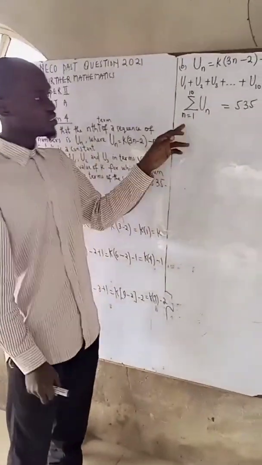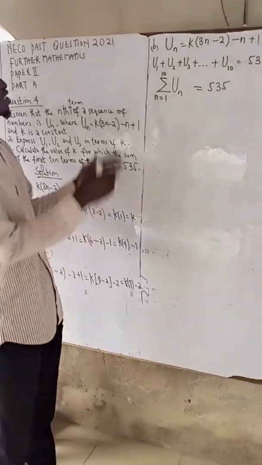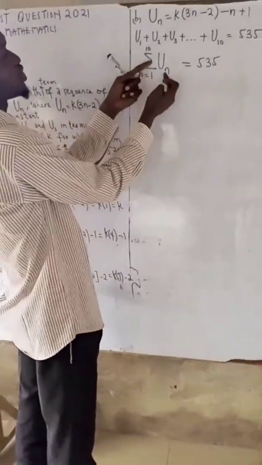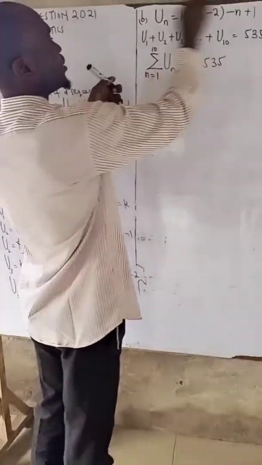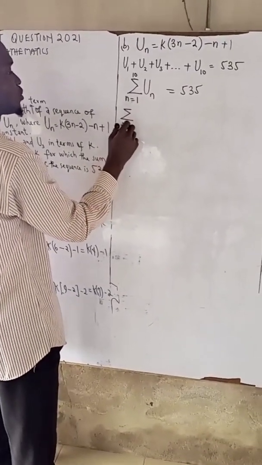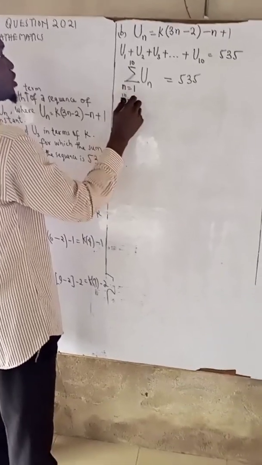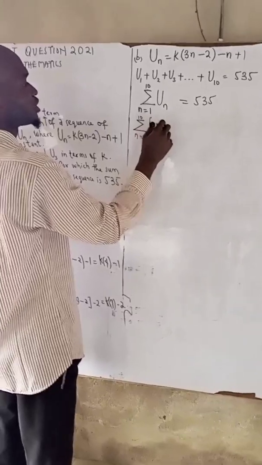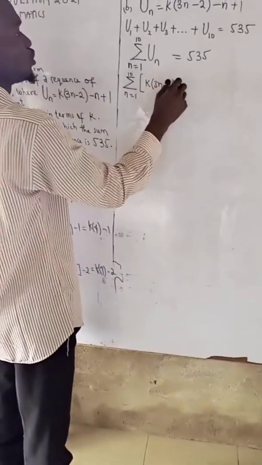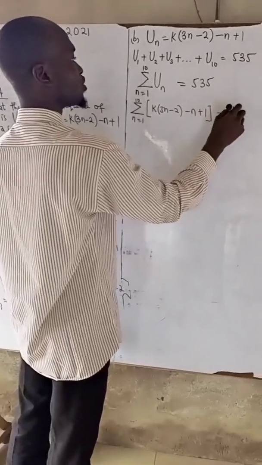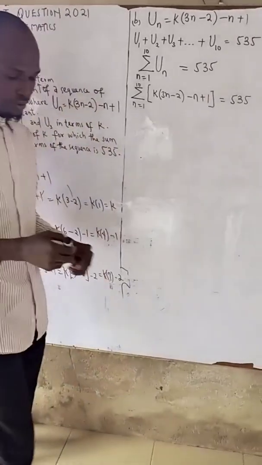Now, this can be simplified by substituting U_n from the top. I have to put it in my sigma notation, n equal to 1 up to 10, of the given U_n, which is k(3n - 2) - (n + 1). So that should be equal to 535.